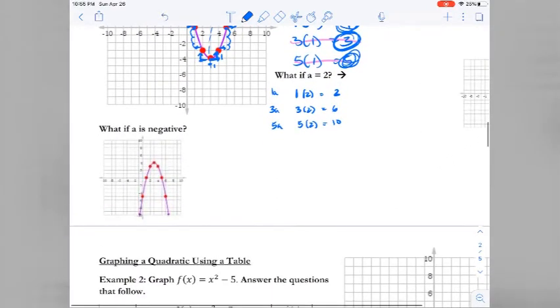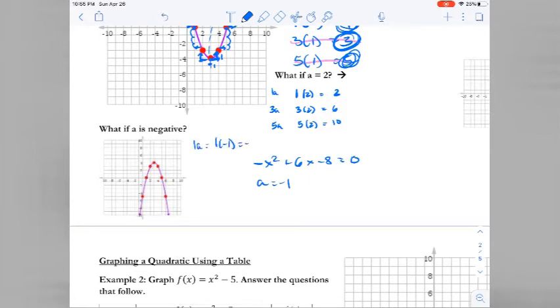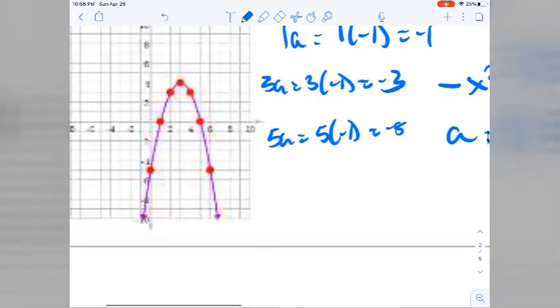The same thing works with a negative. What if a is negative? So for example, we have negative x squared plus 6x minus 8 equals 0. Well, in this case, our a is equal to negative 1. So this time, our 1a would be 1 times negative 1, or negative 1. Our 3a would be 3 times negative 1, or negative 3. And our 5a would be 5 times negative 1, or negative 5. So now, if we look at our graph, again, we go out 1, but this time it's a -1 step.